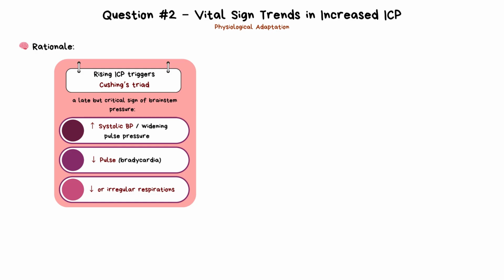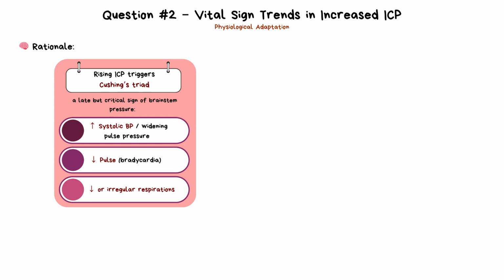And as brainstem pressure increases, the respiratory center is affected, leading to irregular or slowed breathing. This classic pattern, high systolic pressure, slow pulse, and irregular respirations, is called Cushing's Triad. It's a late and dangerous sign of rising intracranial pressure.